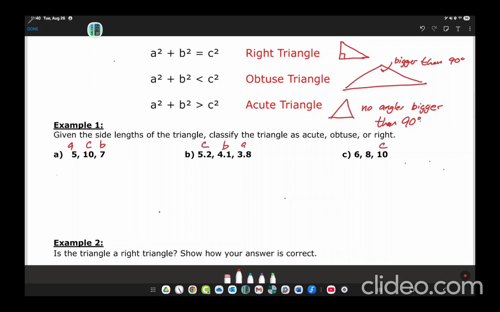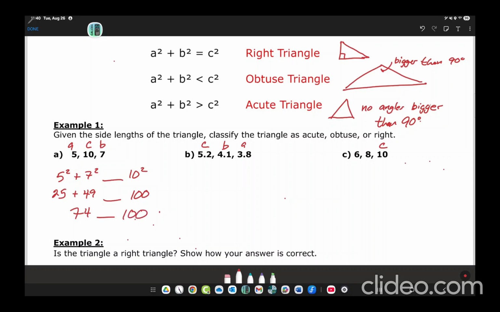So 5 squared plus 7 squared, what is that compared to 10 squared? Is that equal? Is that less than, or is that greater than? Well, let's see what it is. Who knows what 5 squared is? 25. What's 7 squared? 49. Now, what's 10 squared? 100. Now, 25 plus 49 is 74.